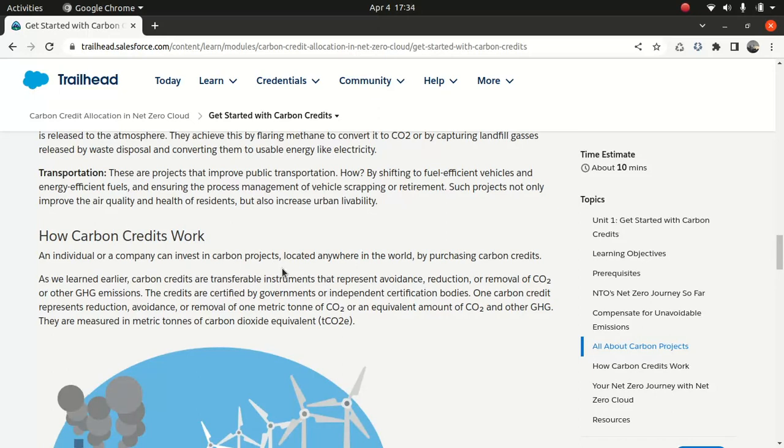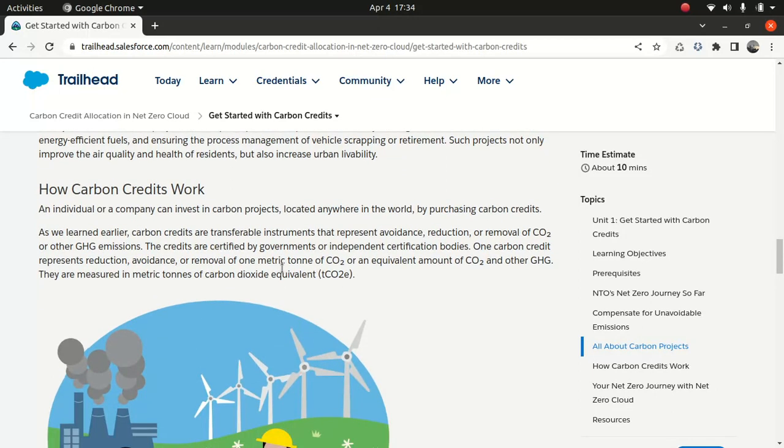As you can see, the carbon credit is really important because it involves three components: how to avoid adding more to the atmosphere, how to reduce the emissions, and how to remove the existing carbon we have.